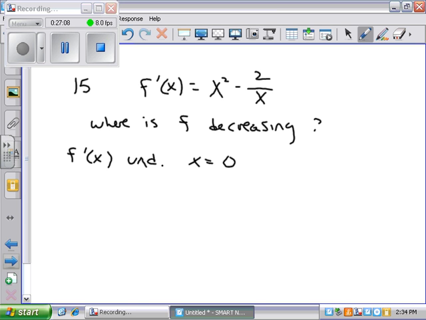To see when it equals 0, you're going to have to combine them into one term. So in other words, if I want to know where x squared minus 2 over x equals 0, I could bring the 2 over x over and cross multiply, or I could get a common denominator of x.